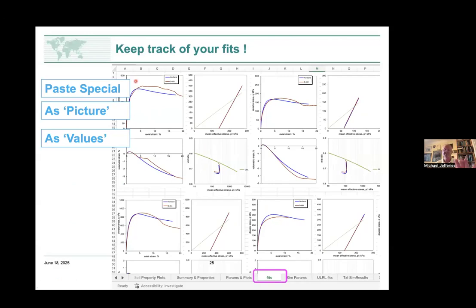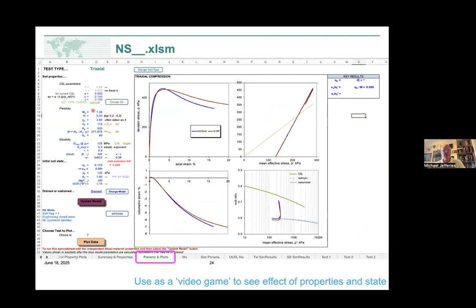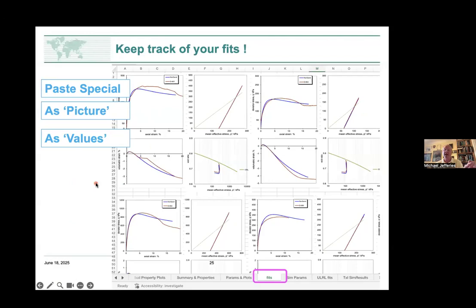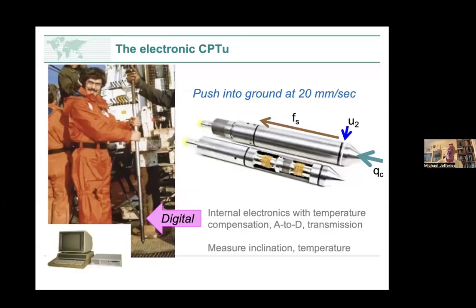So you just paste it as a picture, and that captures it, right? And then you pick up a copy of those properties there, and you paste as values to another column. So you've got a record of what properties you used to give this picture. And you go through all of your tests and you build it up. And that is the process for looking at laboratory data.